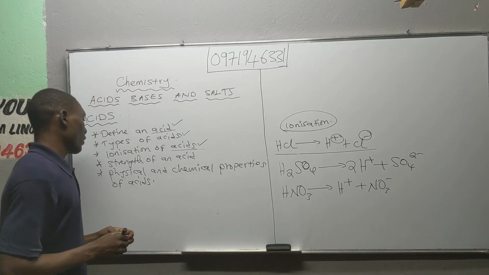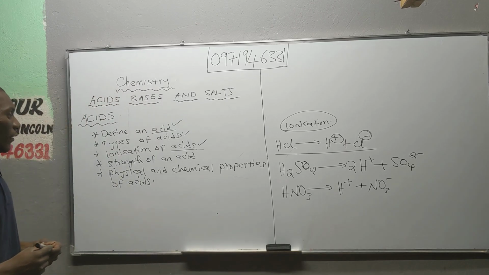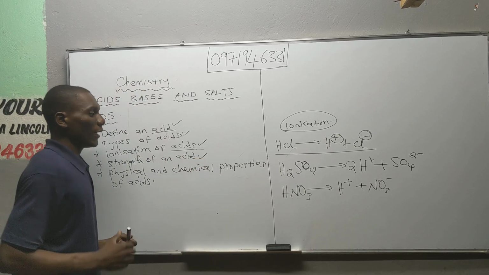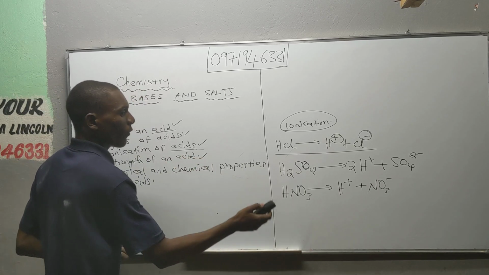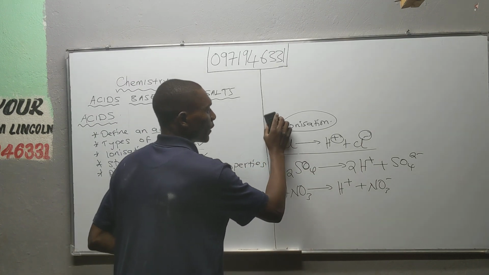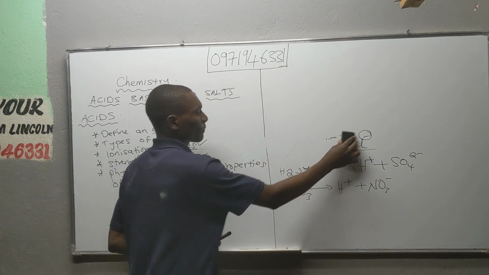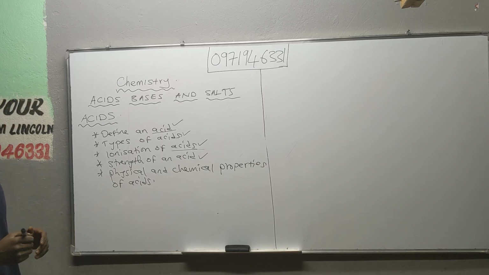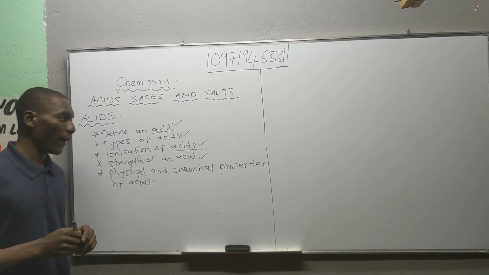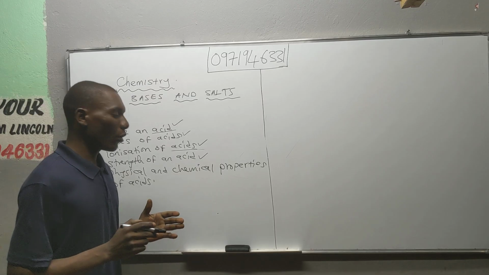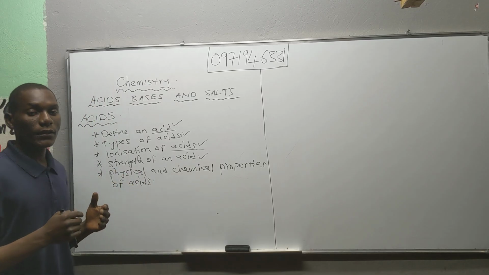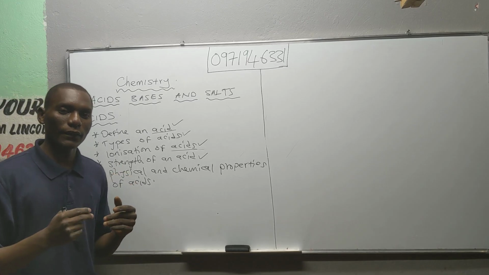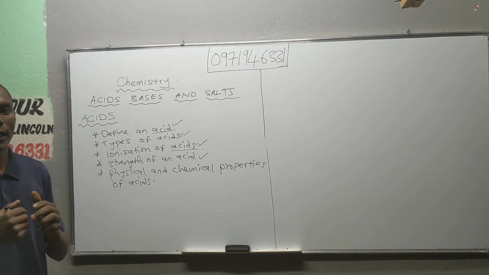Alright. We move on to the 4th part. Strength of an acid. So strength of an acid, that is the 4th part. When we talk of strength of an acid, we simply mean the ability of an acid to dissolve in water.